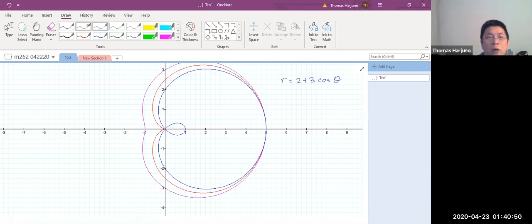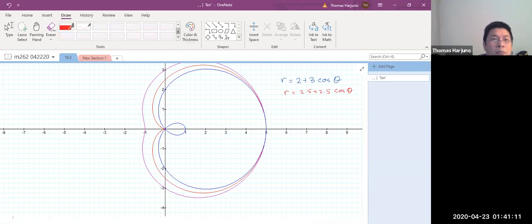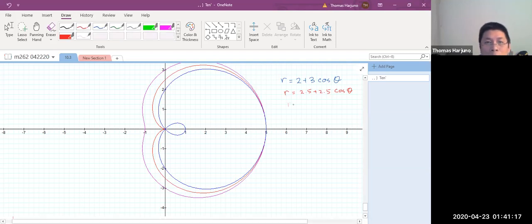Now the red one doesn't have a loop, but it touches the origin, right? The maximum radius is 5, so it must be 2.5 plus 2.5. And because it is symmetric with respect to the x-axis, it must be cosine. Now, the purple one. I hope this is purple. No, it's not dark enough.